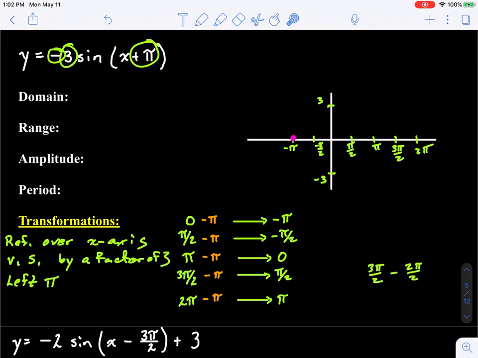Now, normally with the sine graph, we go up to the highest point for the next x value. However, this has a reflection over the x-axis. So instead of going up for the next x value, we're going to go down. So instead of being at the highest point, the next value is going to be at the lowest point.